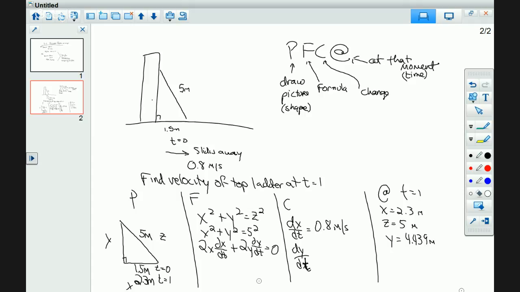We are solving for, we've identified, plug in x, plug in dx/dt, plug in y. We have all those numbers, and solve for dy/dt. Yeah, it's a rate. How fast is the ladder moving?